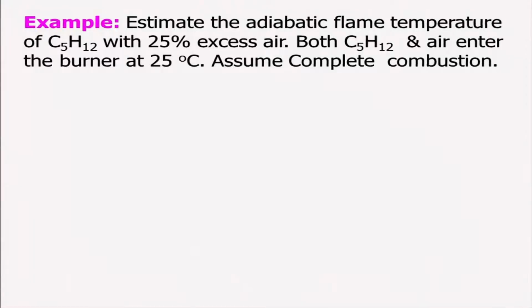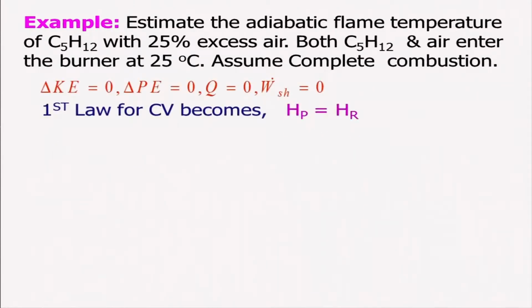So we will take an example: estimate the adiabatic flame temperature of pentane, that is C5H12, with 25 percent excess air, and both C5H12 and air enter the burner at 25 degrees Celsius. The same condition, we will take a control volume system, and Hp is equal to Hr.